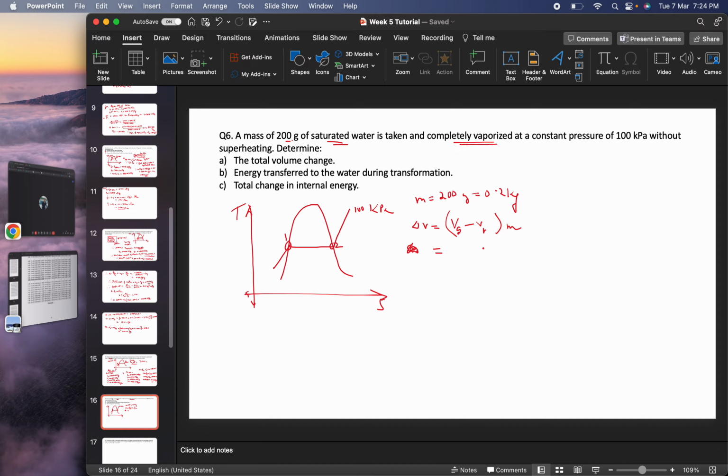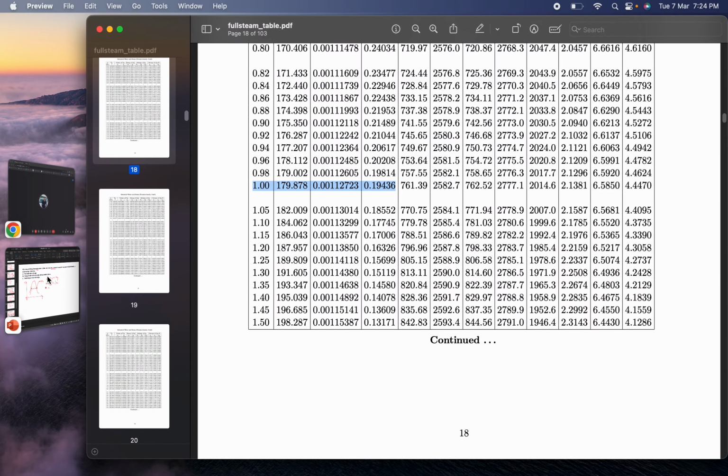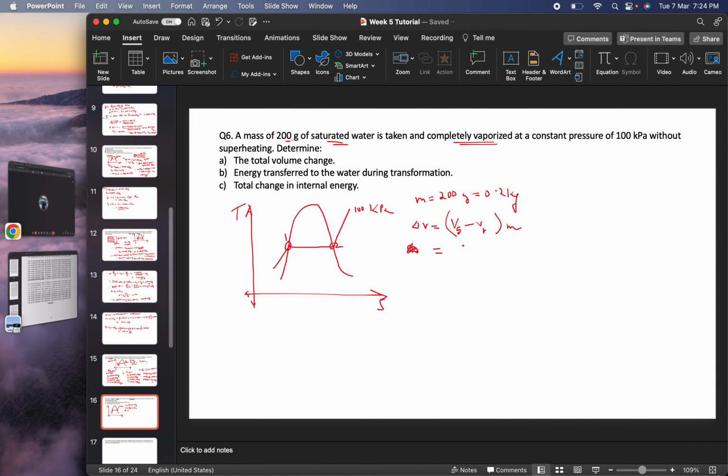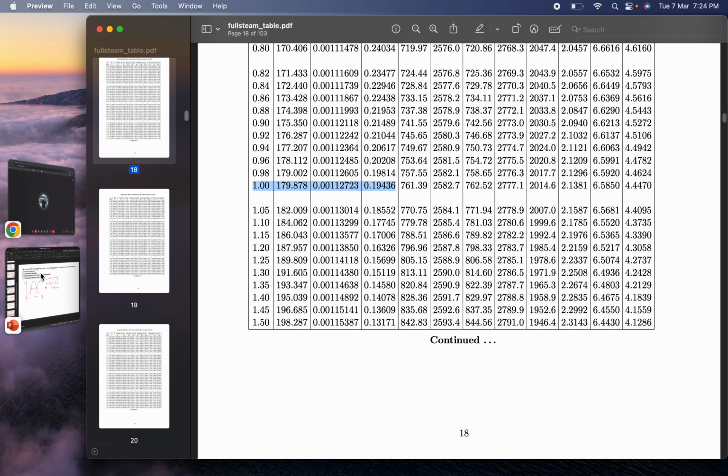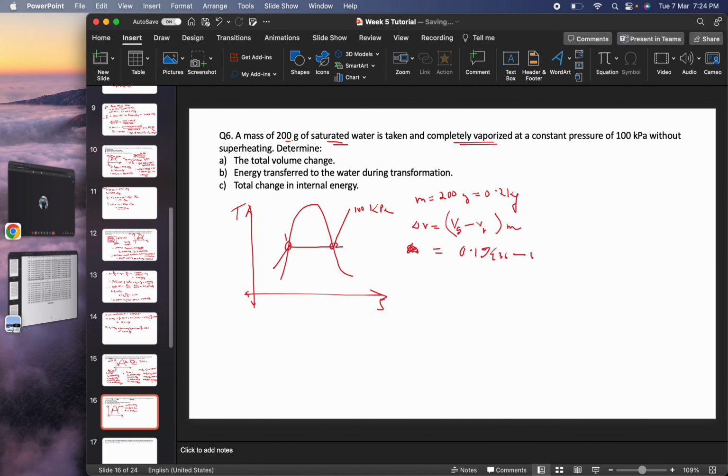Okay, Vg is what? 0.19436 minus 0.00112 times m, which is 0.2.